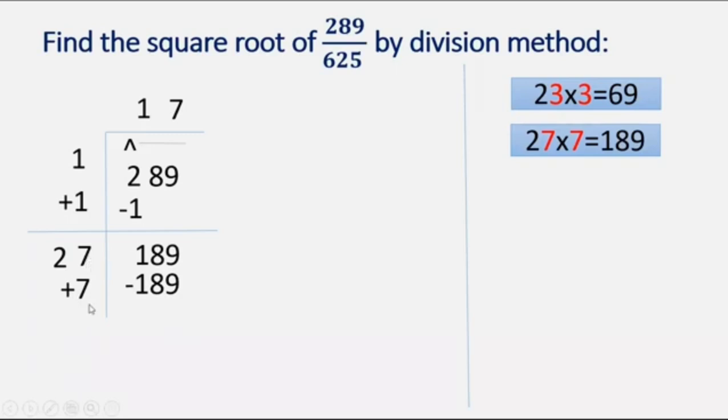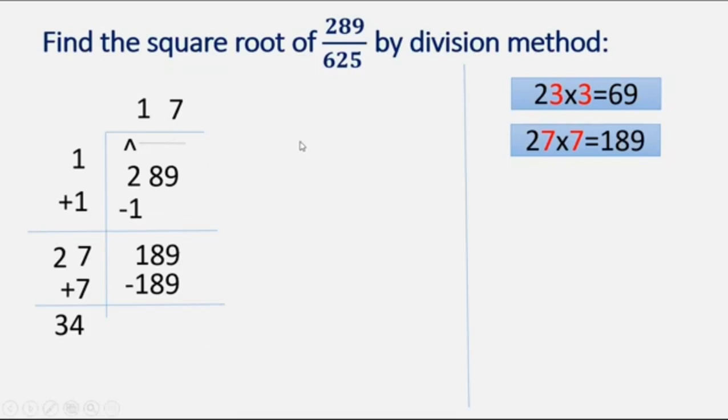Okay, 7 is going to be added because 7 is multiplied over here. So 27 plus 7 is 34. 7 plus 7 is 14. 4 is here and 1 is carried over. So 1 plus 2 is 3. So here we get the answer of the numerator, 17.